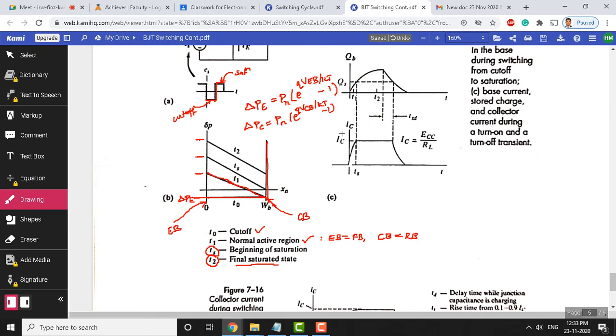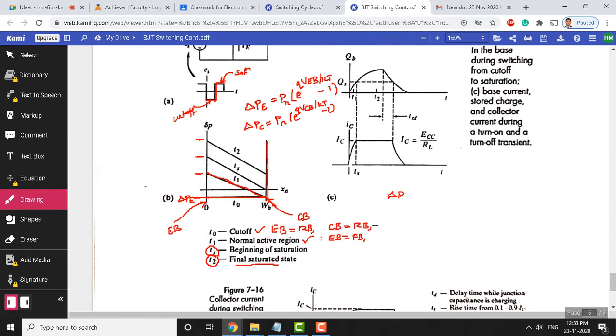So, under reverse bias, let me write it here adjacent to this itself so that you can easily understand. I have removed that, let me rewrite once again here. So, this is the emitter base junction for cutoff here. The emitter base junction is reverse biased, and the collector base junction is also reverse biased.